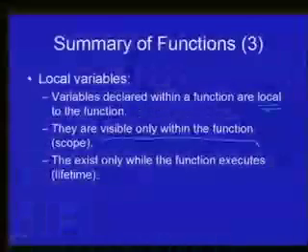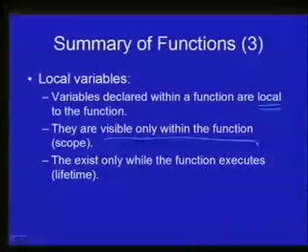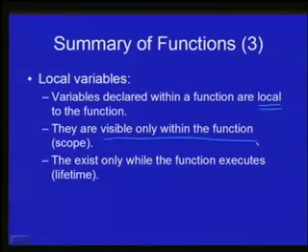So local variables are visible only within the function in which they are defined. So that's the scope of a local variable. And by lifetime we mean for how long the variable exists, and a local variable exists only while the function is executing. We'll make these ideas more concrete with the help of some examples later on in the lecture.